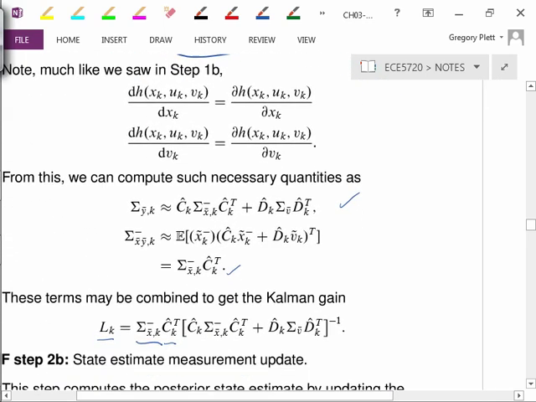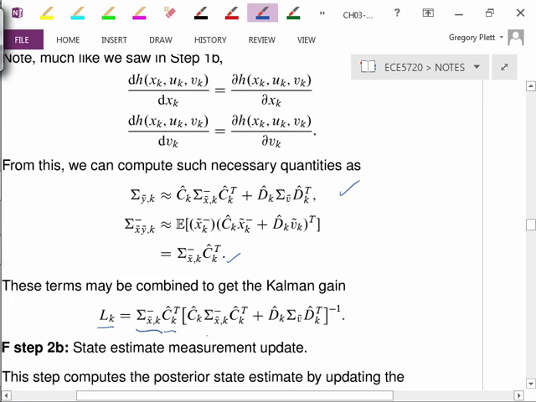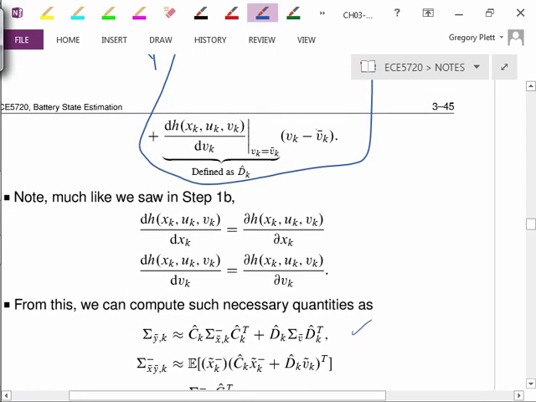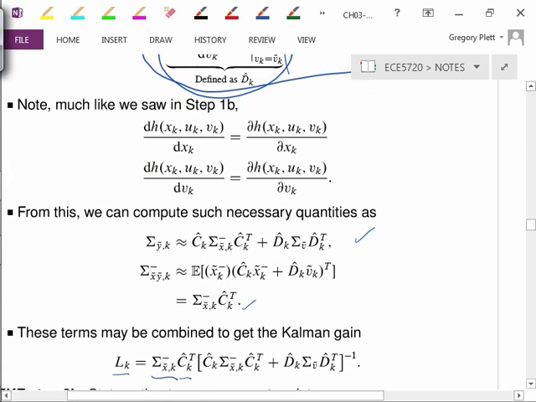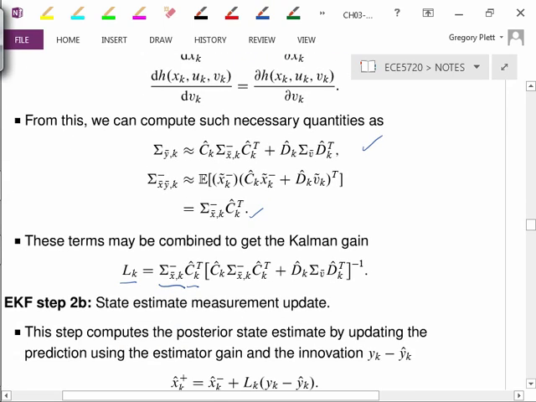And then all of that multiplying the inverse of c hat times sigma x tilde times c hat transpose plus d hat times sigma v times d hat transpose, where d hat is the partial of the output equation with respect to the sensor noise input evaluated at the expected sensor noise input level. That is our Kalman gain.